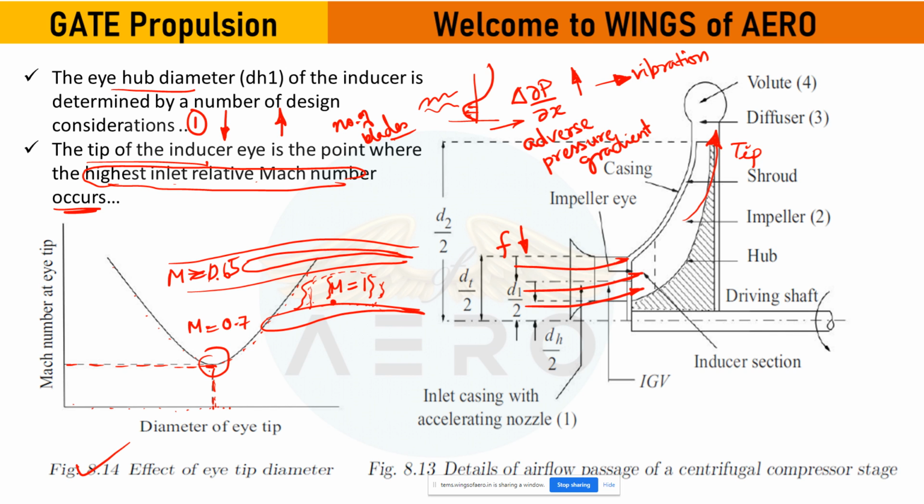Where we have the least value, that will be considered for the design criteria. If we increase the speed, then it will lead to a shock wave. Then obviously the efficiency of the overall compressor will decrease.